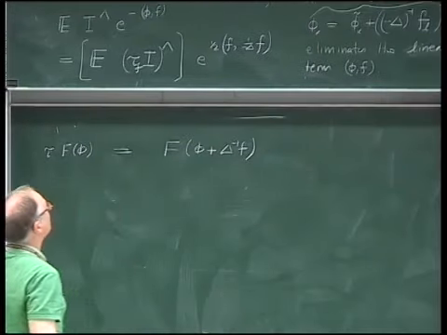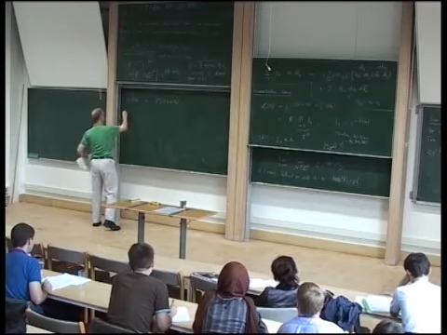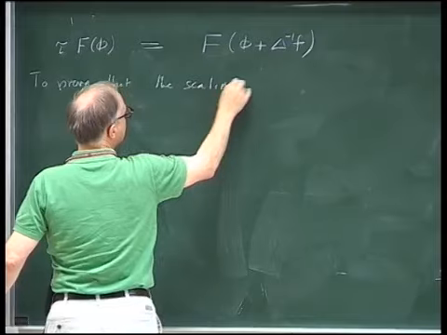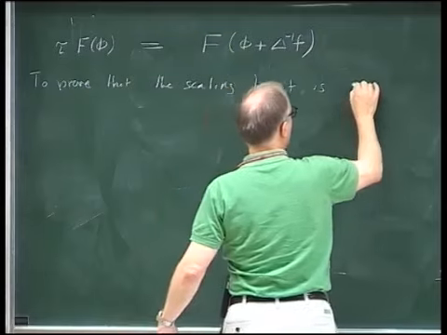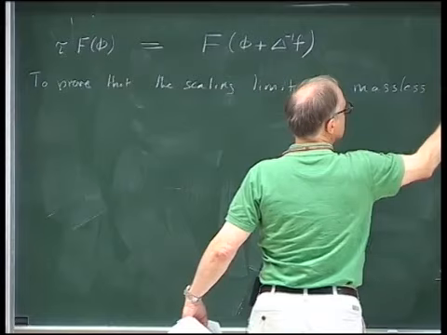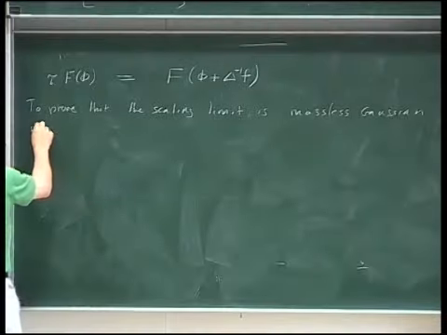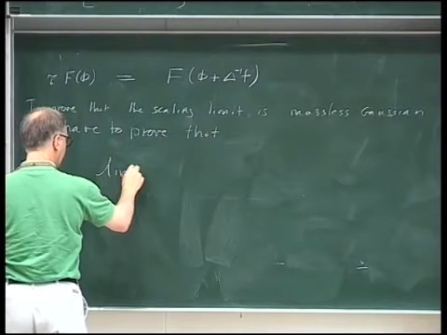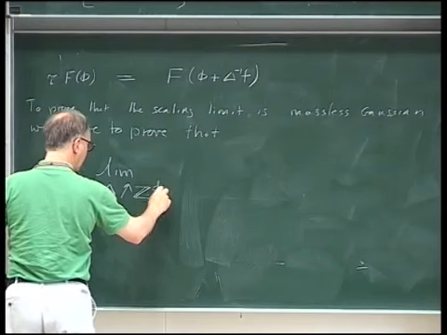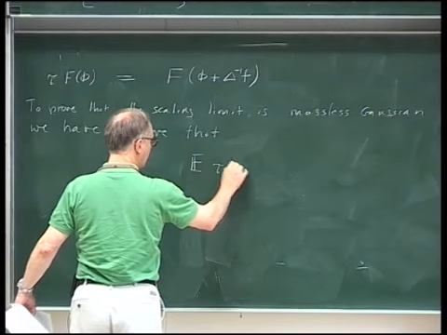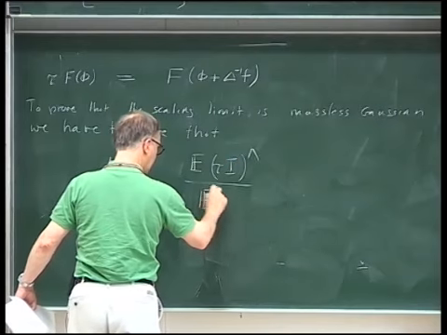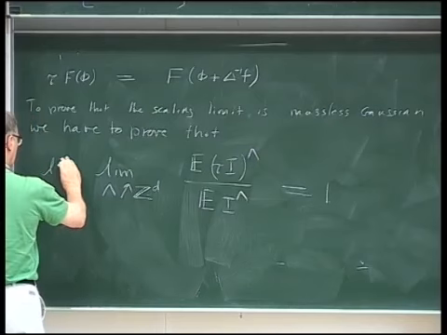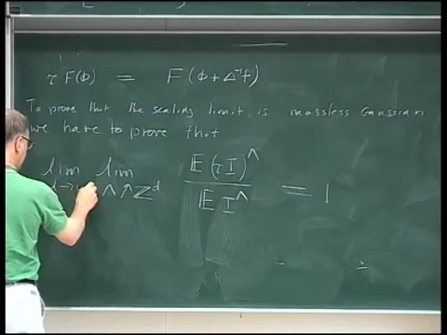And to prove that the scaling limit is exactly that would be the same as, so to prove that the scaling limit is massless Gaussian, we have to prove that this ratio, the limit as lambda goes up to z d of e of tau I to the power of lambda divided by e of I to the power of lambda is 1 in the limit as L goes to infinity.